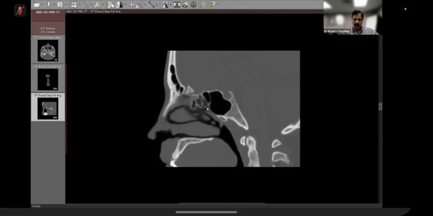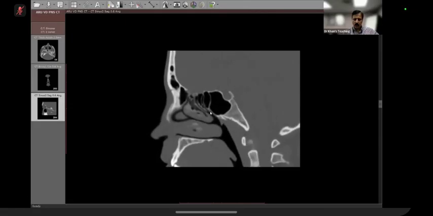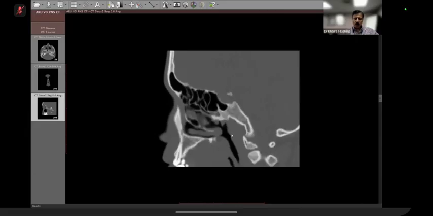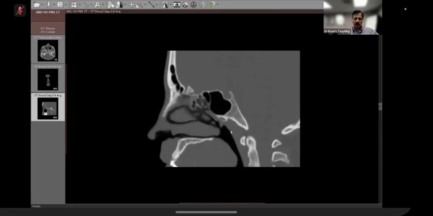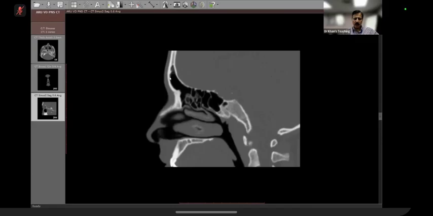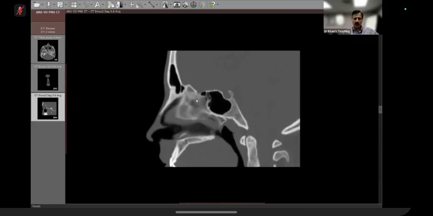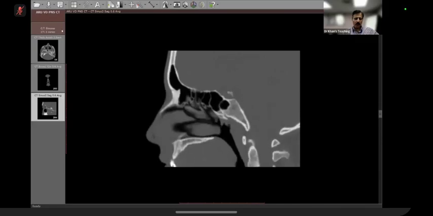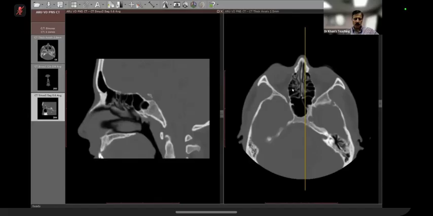We are at the midline, but if we go slightly medially, we can see it will go into the nasopharynx. So once again, on a sagittal, you can see the frontal sinuses here. Let me marry it with a coronal for orientation. So this is here.